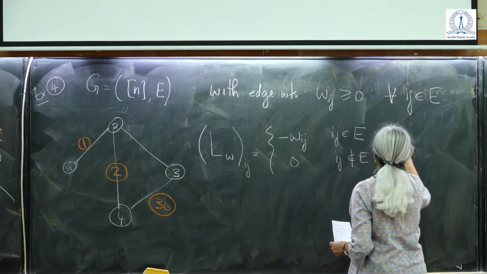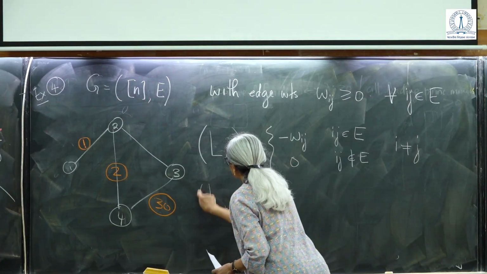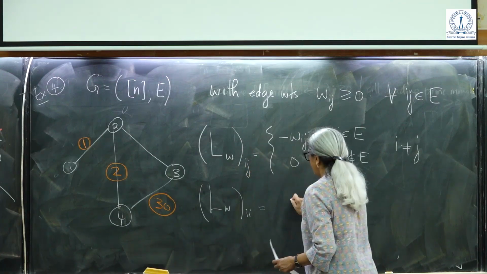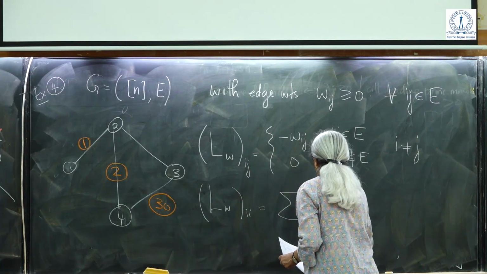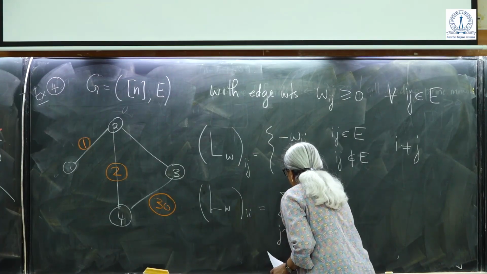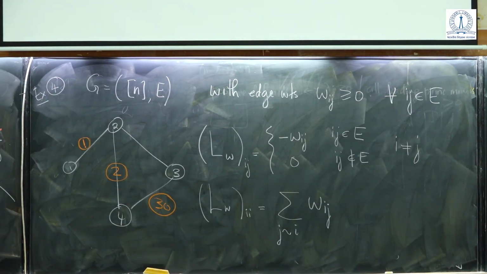This is the case where i is not j. And then on the diagonal, what do you think we should put? Exactly. We put the sum of the weights of all the j's that are adjacent to i. That is plus. You add the weights of everything that is adjacent to i.